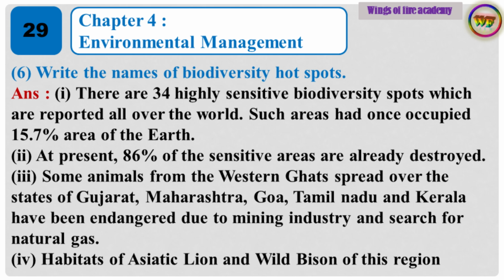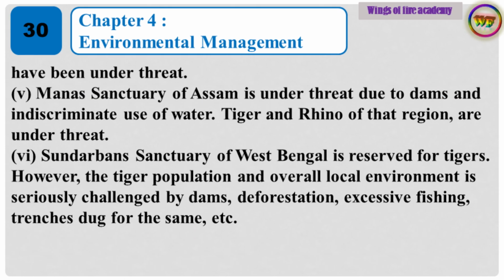Point 4. Habitats of Asiatic lion and wild bison of this region have been under threat. Point 5. Manas Sanctuary of Assam is under threat due to dams and indiscriminate use of water.